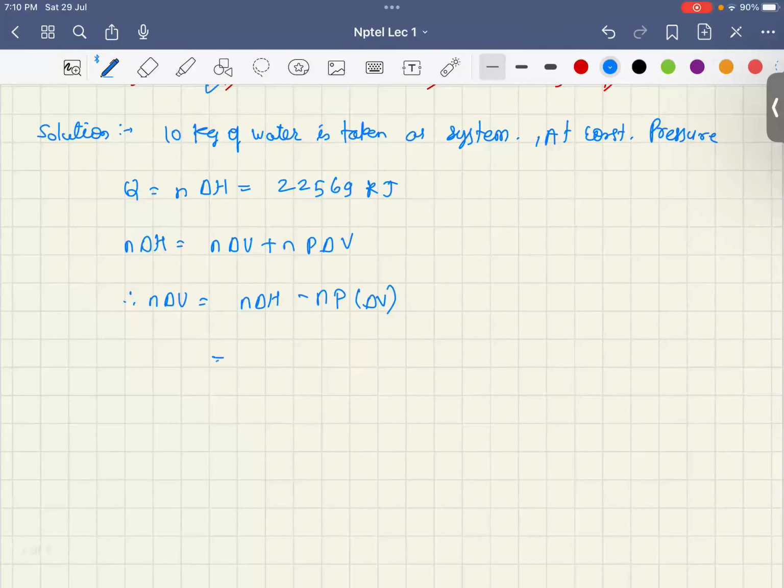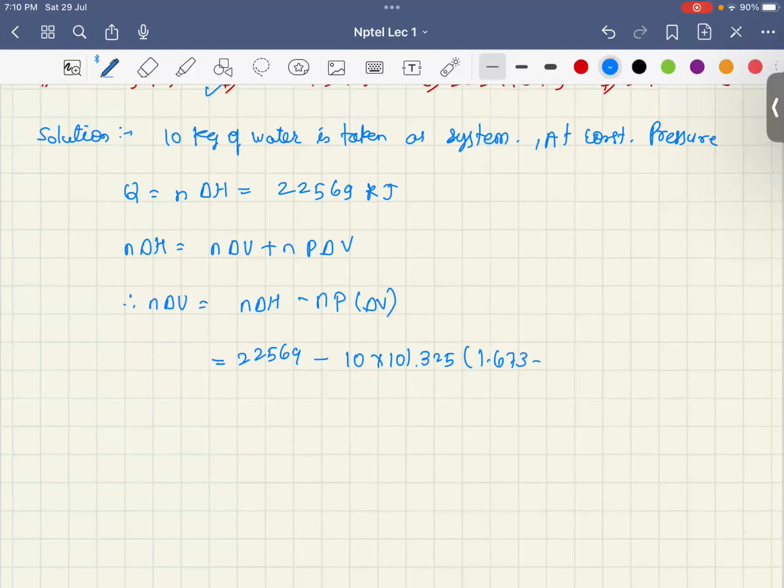It is nothing but 22569 minus 10 into 101.325 into (1.673 minus 0.001), right?